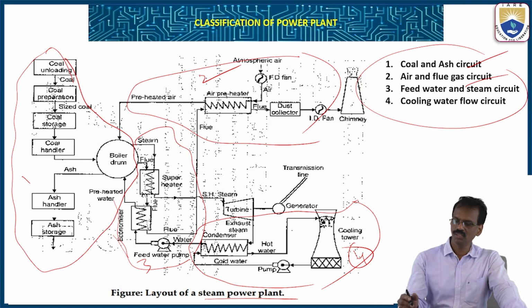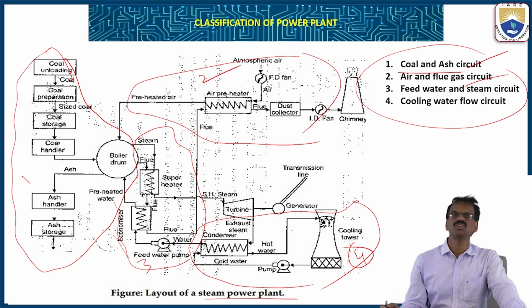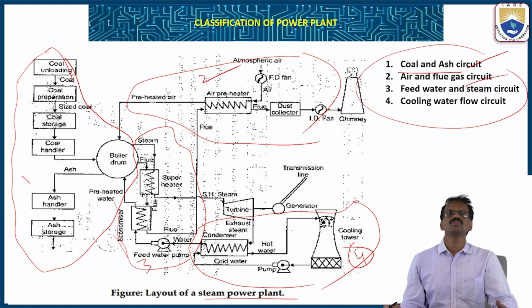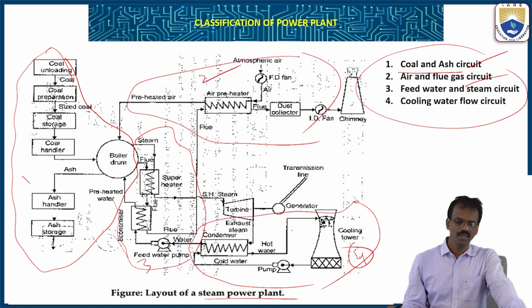First we'll see what the coal and ash circuit is. It means bringing the coal from the coal mines to the power plant, with the help of trucks or rail trains.